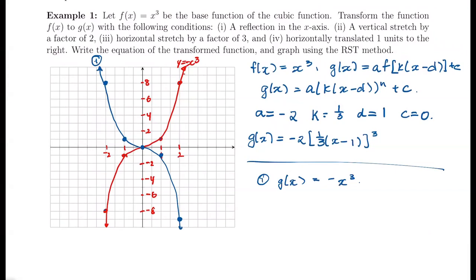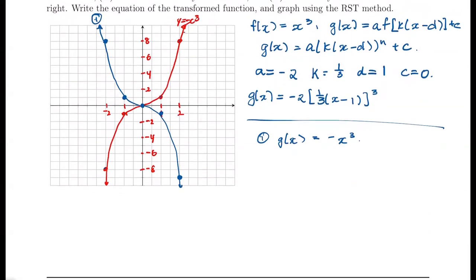So the second graph, I'll do this in green instead, is when g of x is equal to -2 times (1/3 x) to the power of 3. So we're going to use graph number 1 to graph number 2, so that way we can use them to graph the other parts as well.